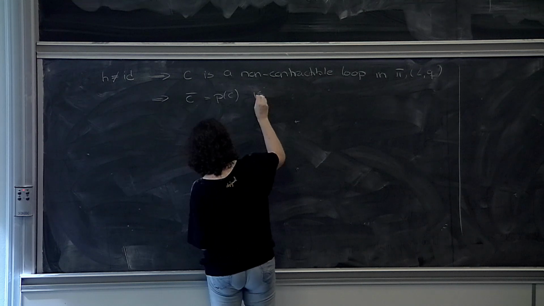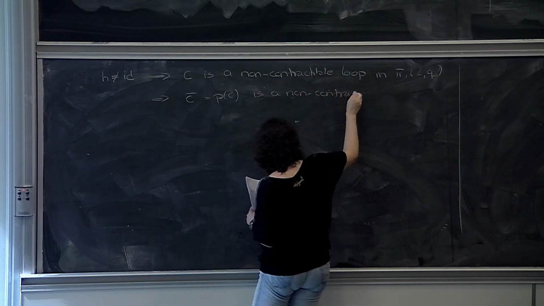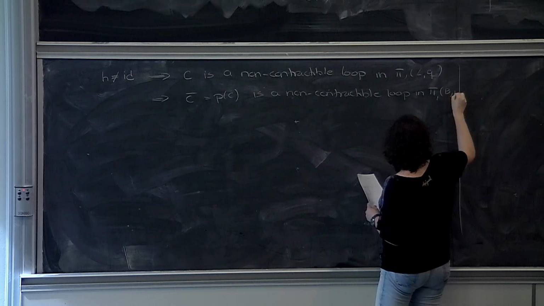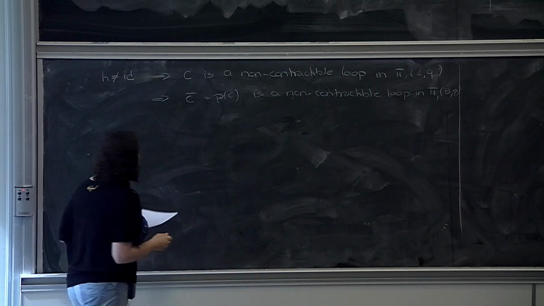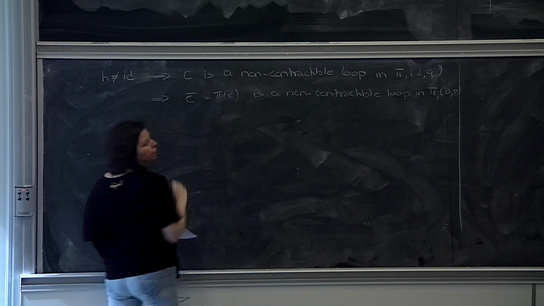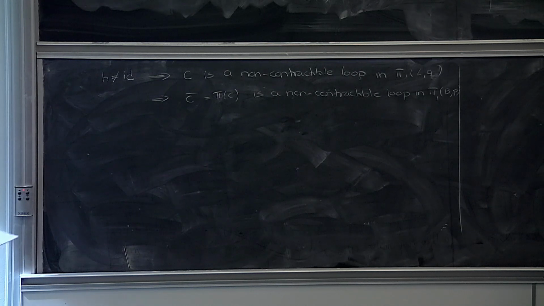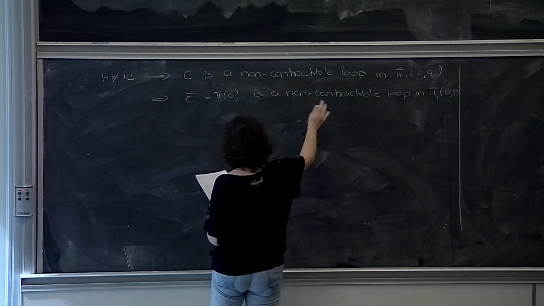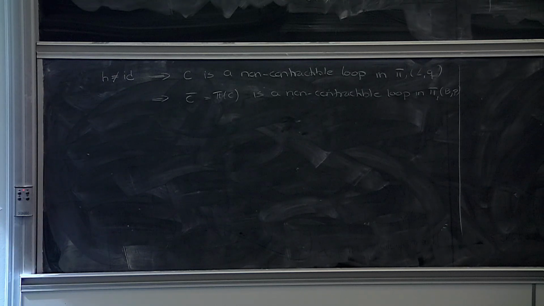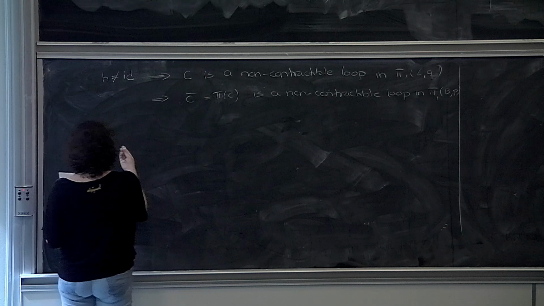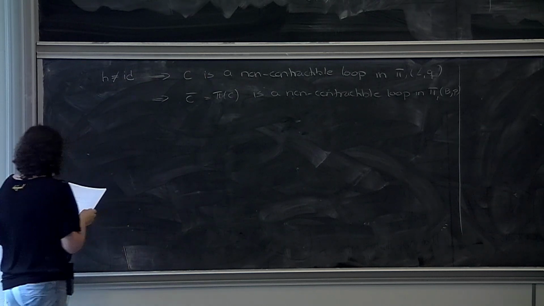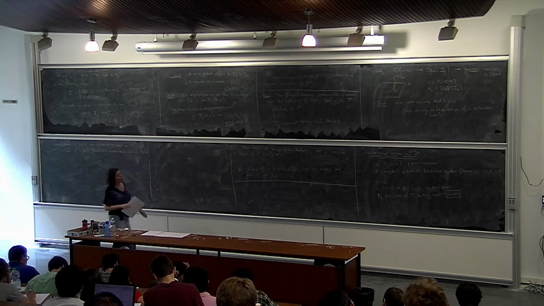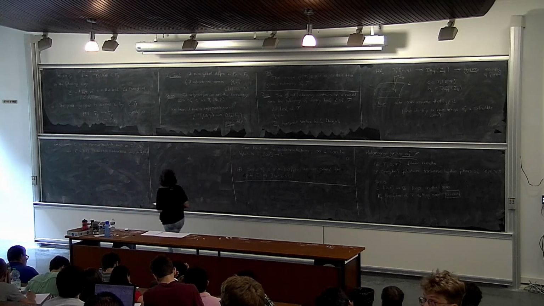Okay. I said P, I can say P, it depends if I'm on A or in the fibration, okay? And this here immediately follows because P is a covering map. Okay. Now, we just need to remark that it has a fixed point at the origin.